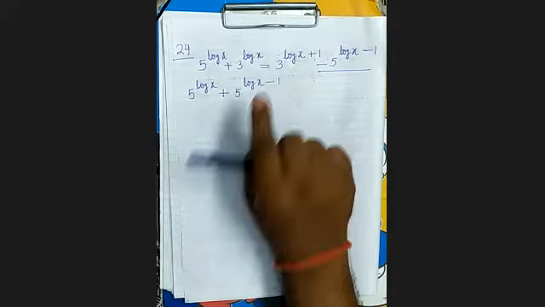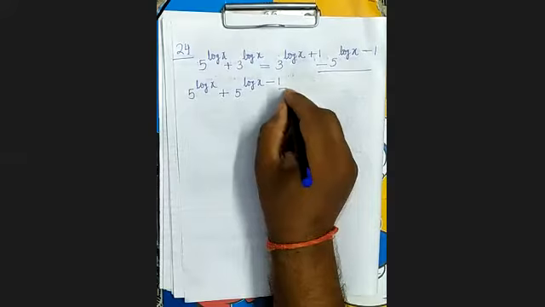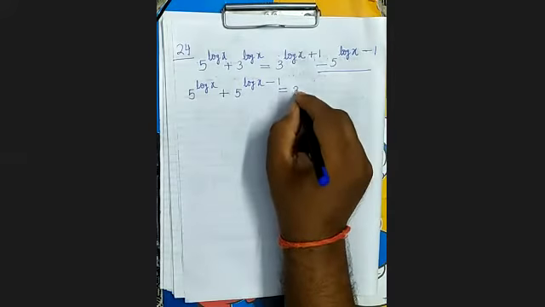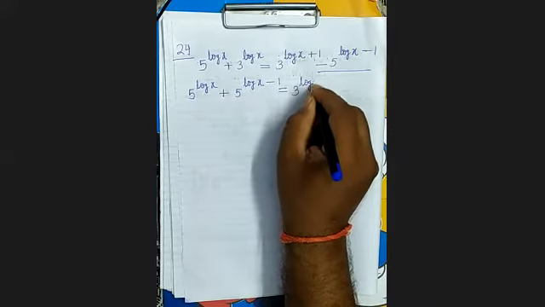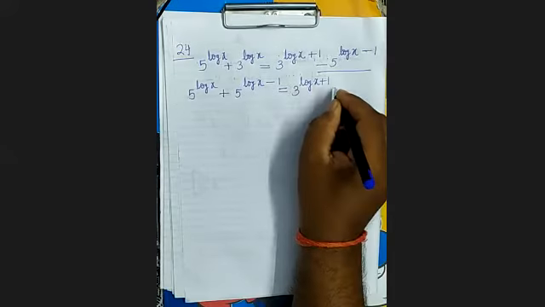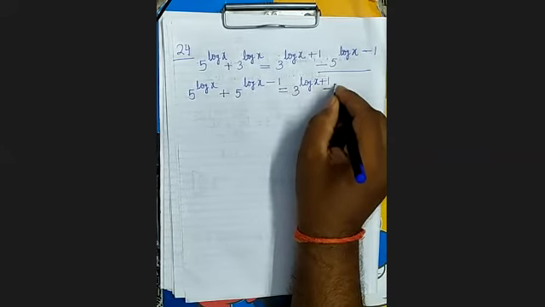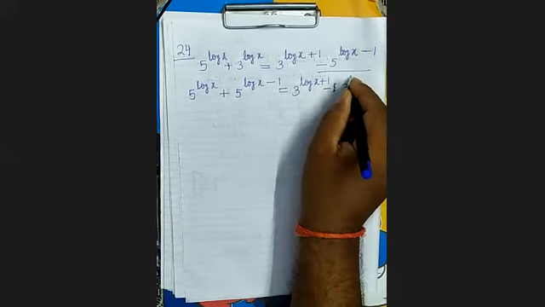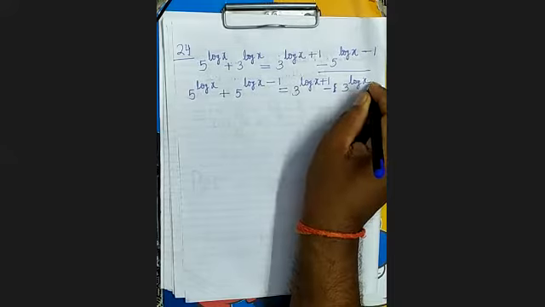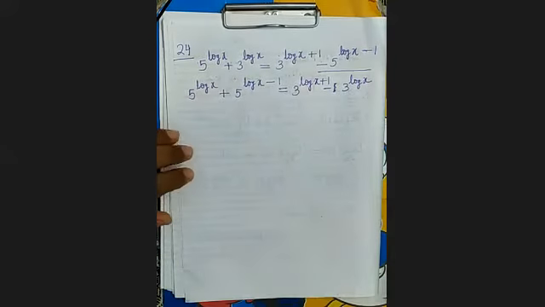It's clear, minus 1 is not associated. Now similarly, it is 3 to the power log x plus 1 plus minus 3 की power log x.